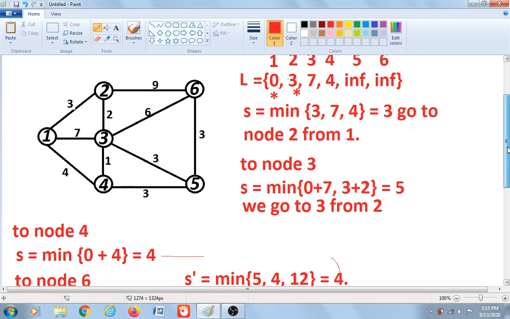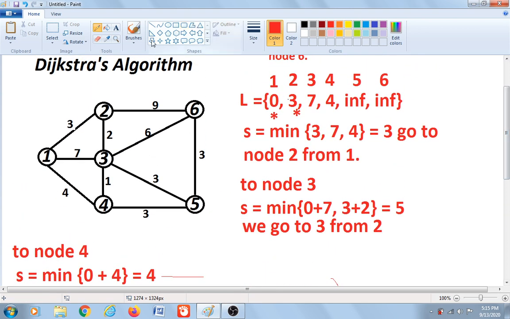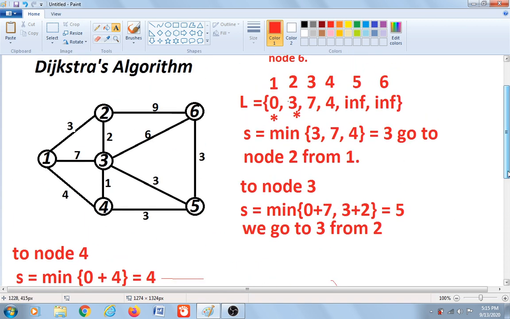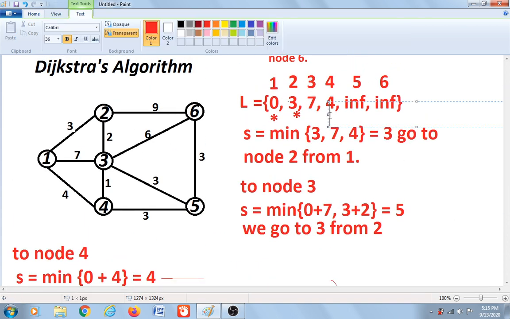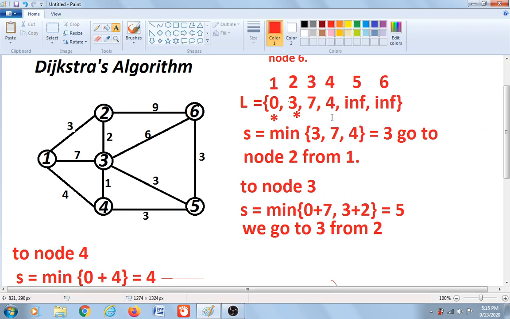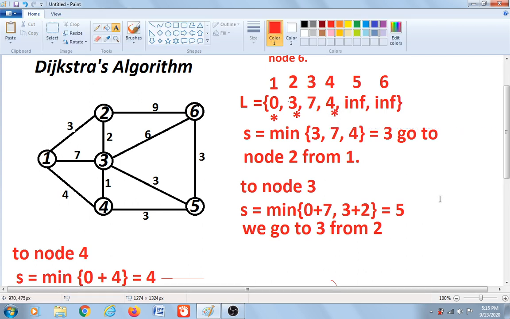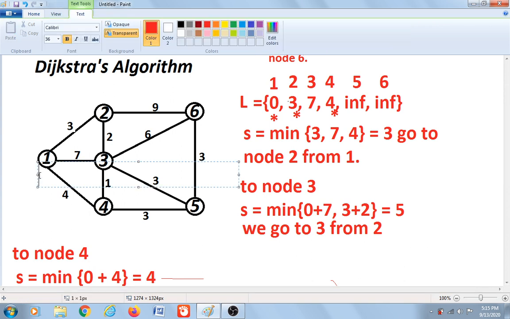So what we're gonna do, we label node number 4, and the distance is 4, and here it is. Okay, oops, sorry for that. So I'm just gonna put it here. Okay, so to make it easy, I will also put the label here.